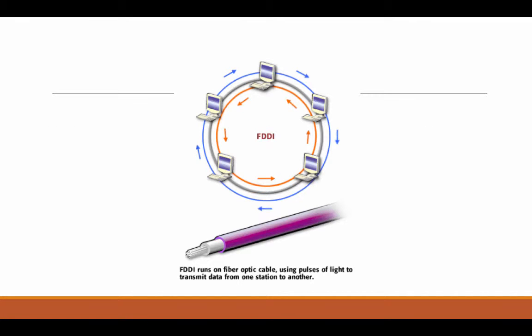So FDDI provides a 100 megabit optical standard for data transmission in local area networks that can extend up to about 200 kilometers, which is 120 miles. Although FDDI's logical topology is a ring-based token network, it didn't use the IEEE 802.5 token ring protocol as its basis. Instead, its protocol was derived from the IEEE 802.4 token bus timed token protocol.